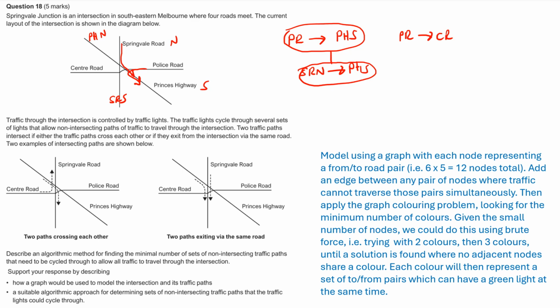Making sure we've then said what the color will represent. All the nodes that have the same color are traffic paths that can happen at the same time. So we could have this one and this one with the same color, but it would have to have a different color to, I don't know, this one. So I've got my lefts and rights mixed up, but you can probably see what's going on. Okay.